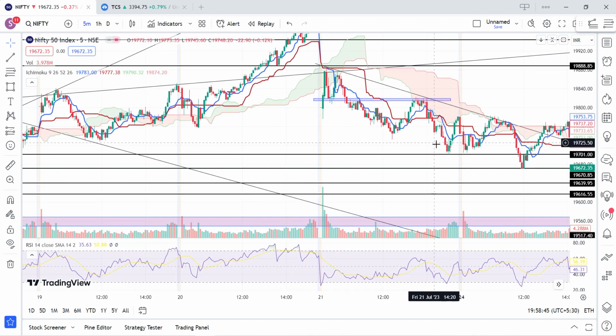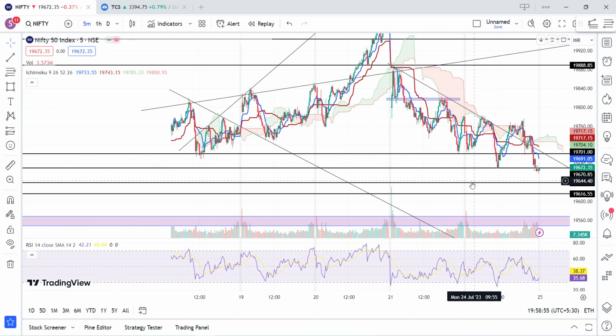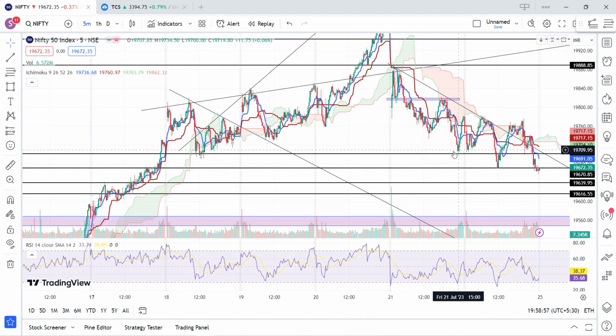See, there are a lot of levels here, two levels are pivot lows and these are the trend lines. Today's trading session helped me a lot, guys. Yesterday, the 18th, there was price action at the pivot low level, so it acted at the same levels on the 21st and 24th.